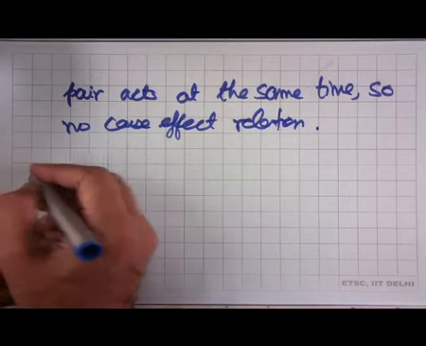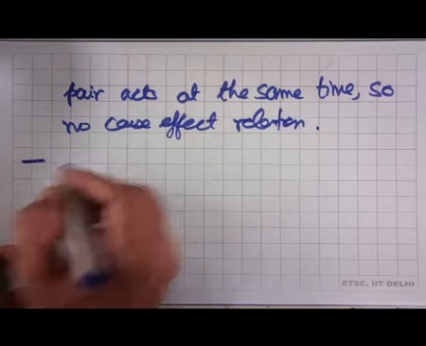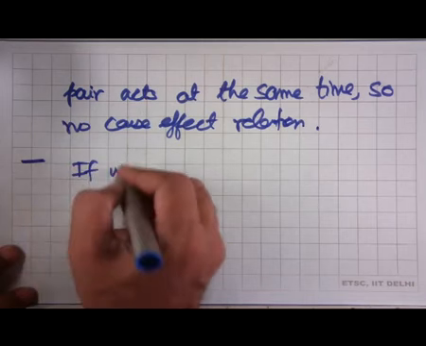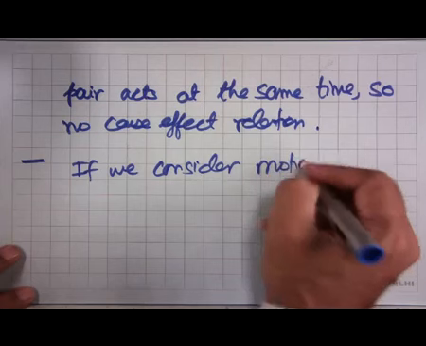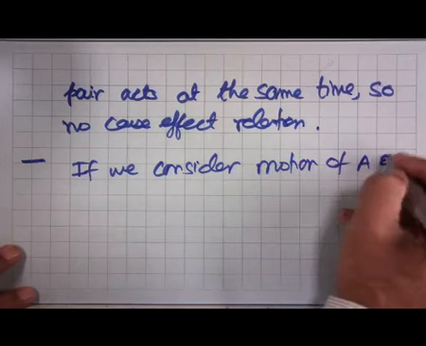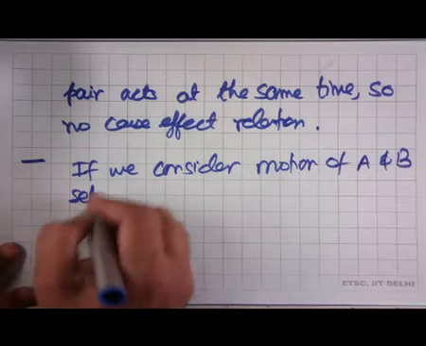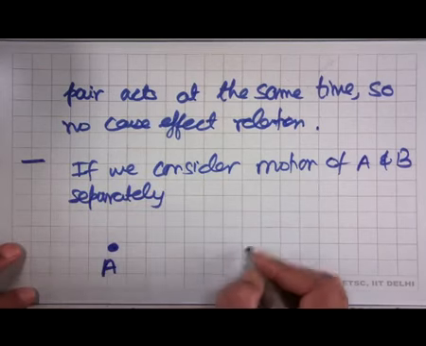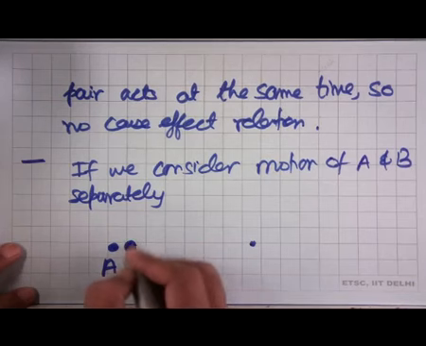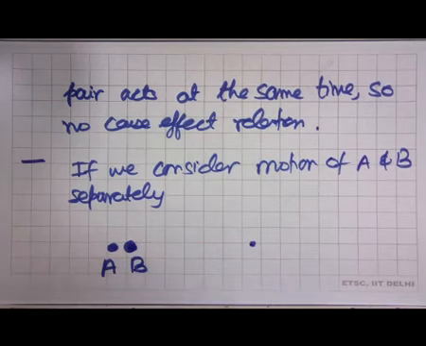Now, the other thing one can see is that if we consider motion of A and B separately, that means I am looking at this body A and there is a body B which is very close to it, it touches it, it applies a force.